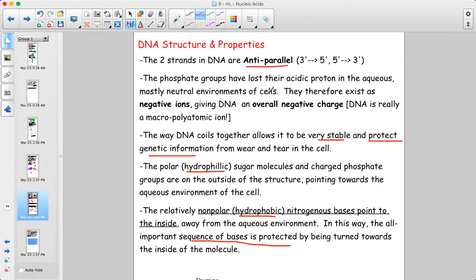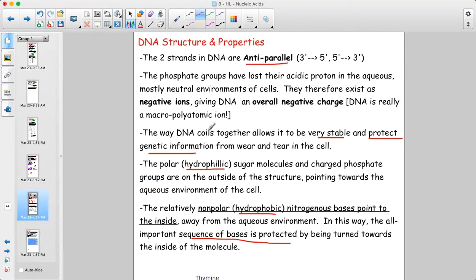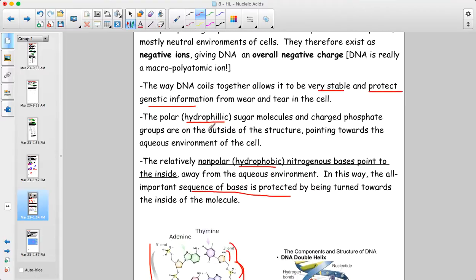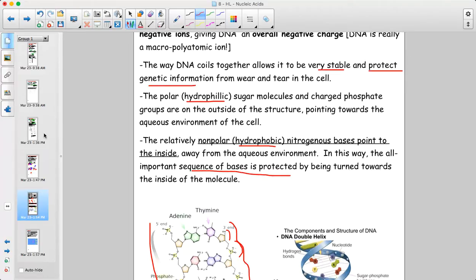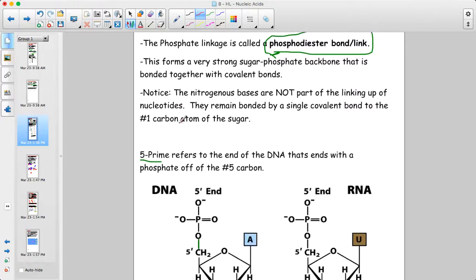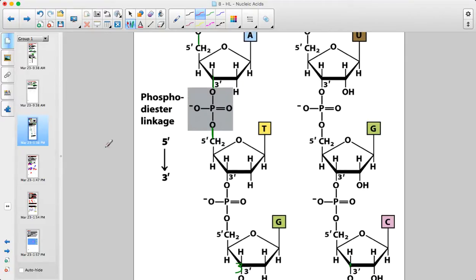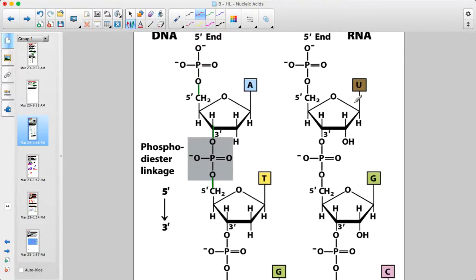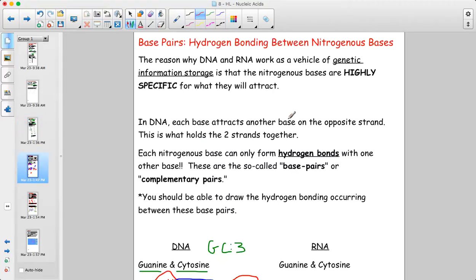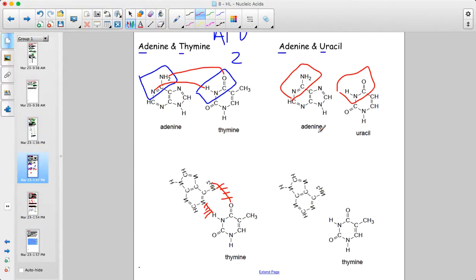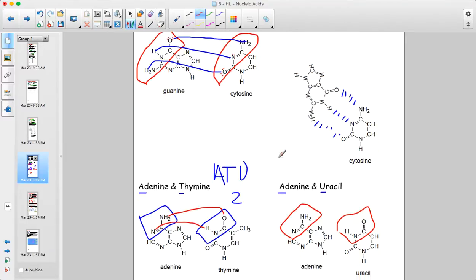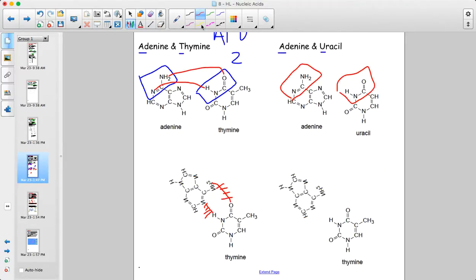You should be able to compare the two, contrast the two, and be able to explain and draw how the sugar phosphate backbone is formed and how the nitrogenous bases hydrogen bond together. One thing that I do believe I skipped over is, when you are drawing in the bases, if you're going to attach them to the chain, the one that forms the condensation reaction with the sugar is this very bottom nitrogen.